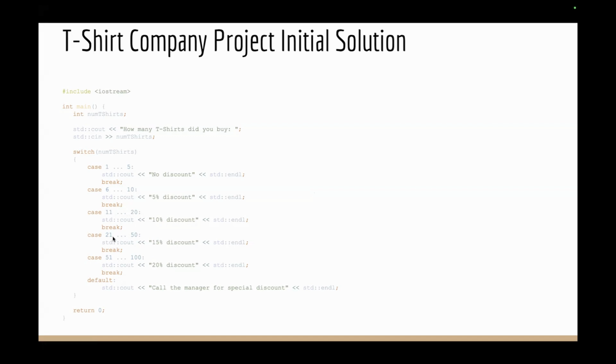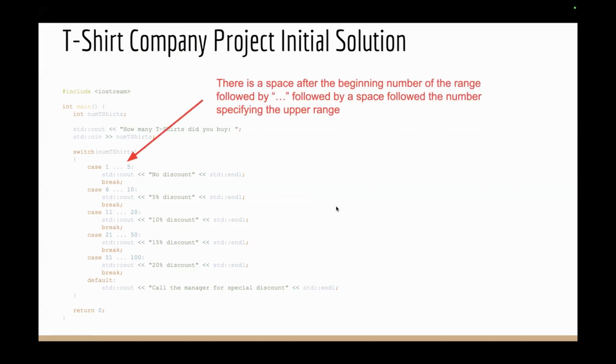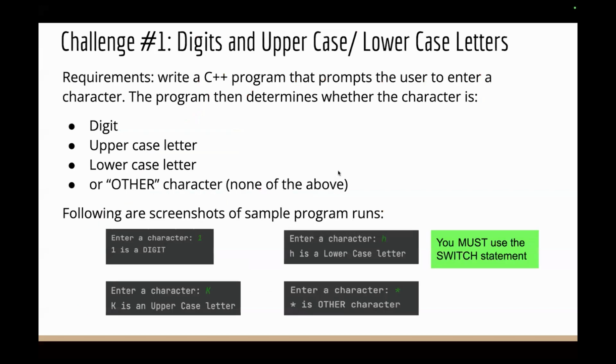I mean, you would be typing case 21, case 22, case 23, case. No, just do it this way, okay? And then from 51 to 100, a lot of cases. So 51, beginning of the range, space, 3 dots, end of the range. And that's it. So you make sure that there's a space that follows, okay?